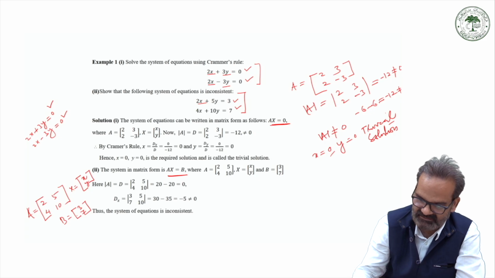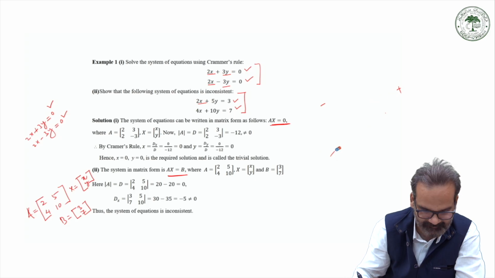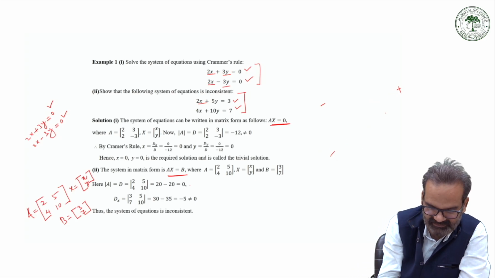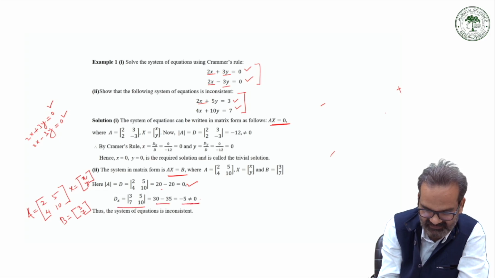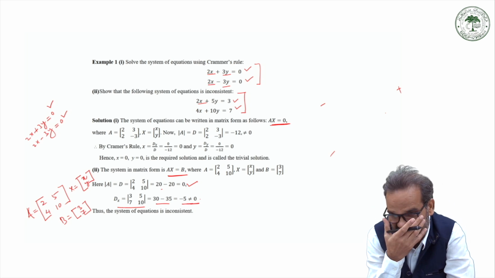Now, what is the value of the determinant of A? Now find its determinant. It comes out to be 20 minus 20, that is 0. Dx is 30 minus 35, that is minus 5, which is not equal to 0. Thus, the system of equations is inconsistent.